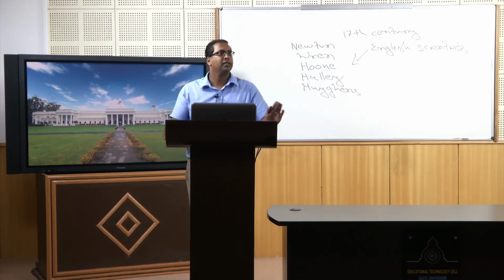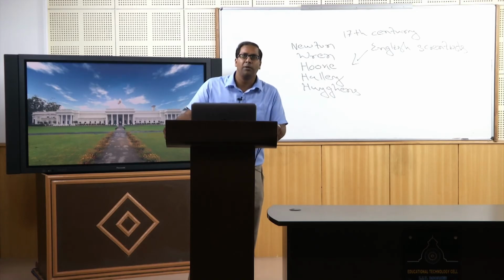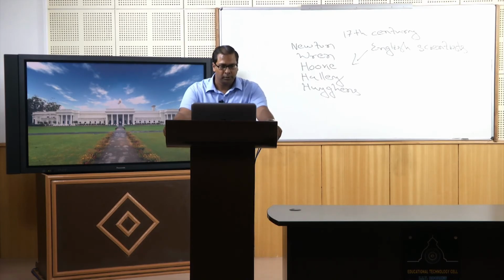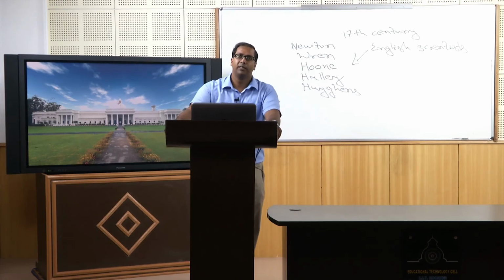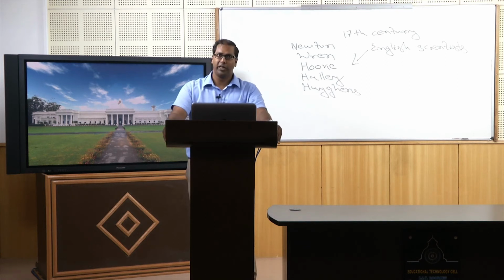Apart from that, they tried to solve the problem of longitude and latitude. They tried to solve the problem of navigation. They wanted to solve the problem of deciding the time of the tides. They wanted to have exact understanding of the timing of the tides that came on the sea, so that would help them in controlling the sea.